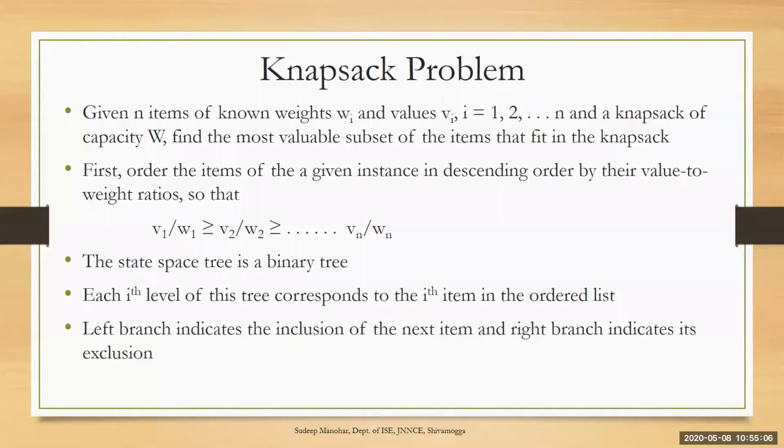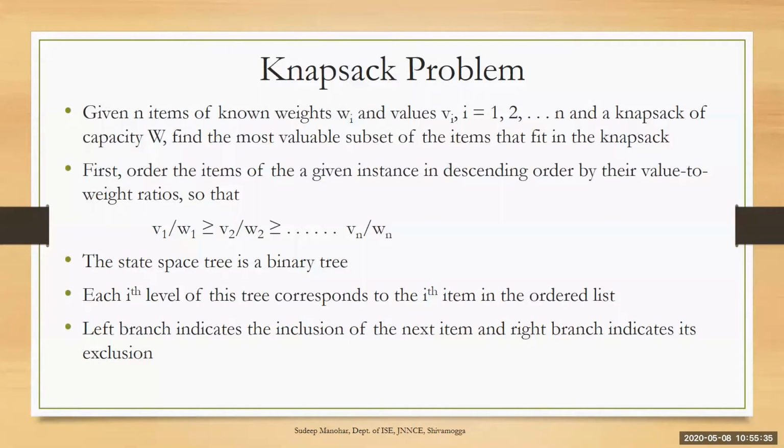So first, for solving this knapsack problem using the branch and bound method, the first thing we have to do is calculate the value by weight ratios. The same thing we did in the greedy technique. In greedy technique, we calculated the profit by weight. The same thing we are calculating here, and we have to sort the items in descending order based on the value by weight ratio.